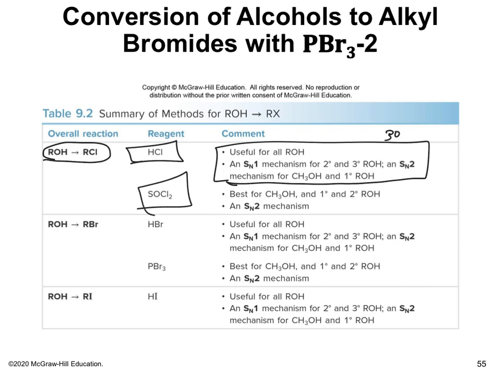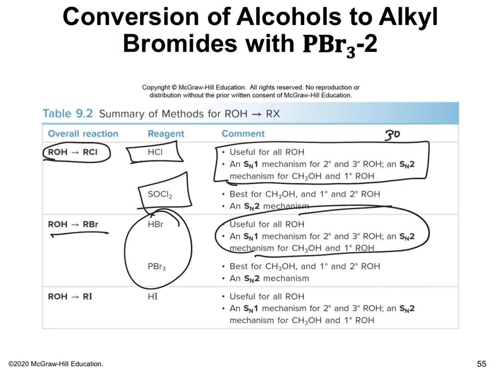This one is good for primary and secondary alcohols. To convert it to an alkyl bromide, you can use the acid. A better way to do it, if you can, for primary and secondaries is the PBr3. And then there's no other reagent to convert an alcohol to an alkyl iodide without using HI.